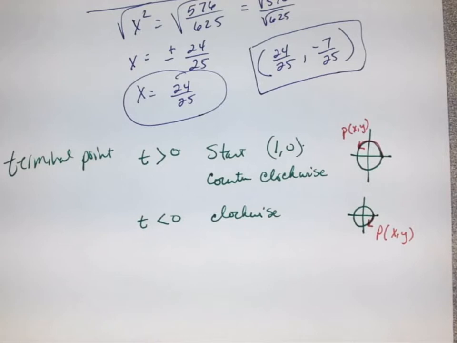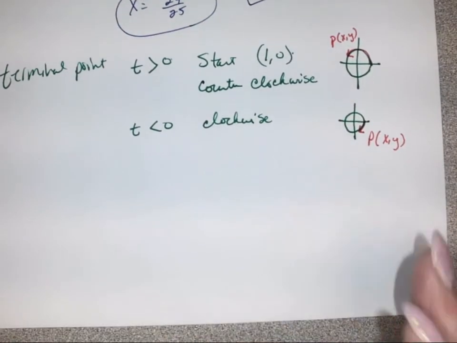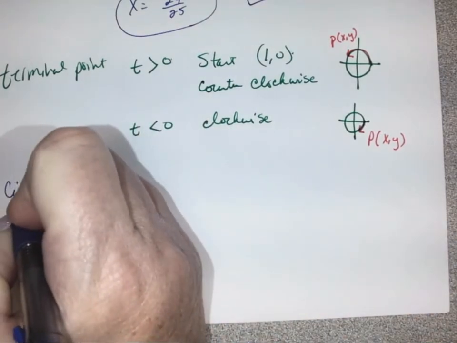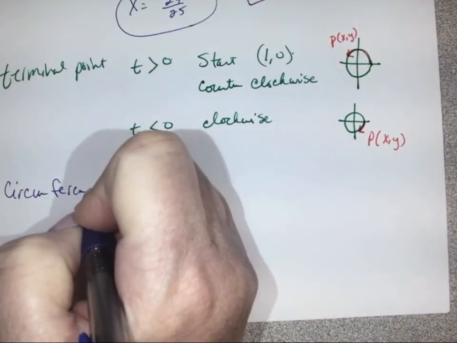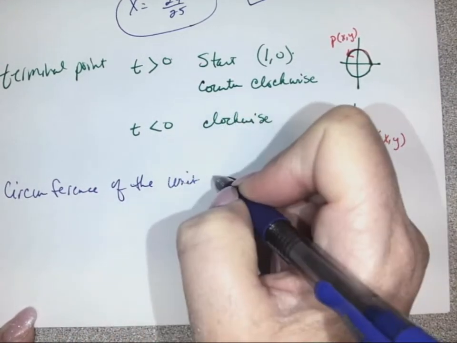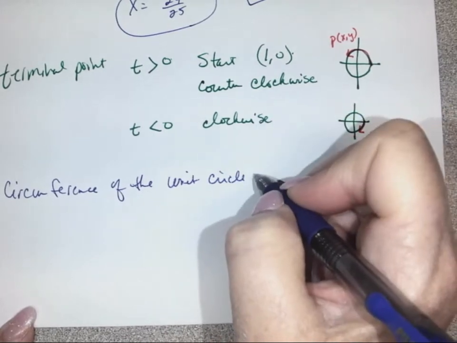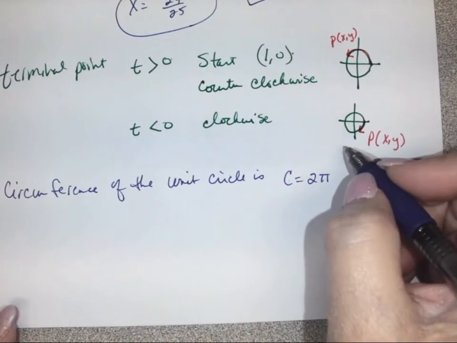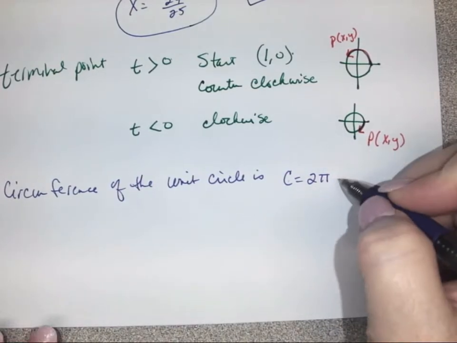So let's find some terminal points. Let's talk about some circumferences that happen at the unit circle. All right. So what you need to remember is that the circumference of the unit circle is C equals 2 pi r, right?